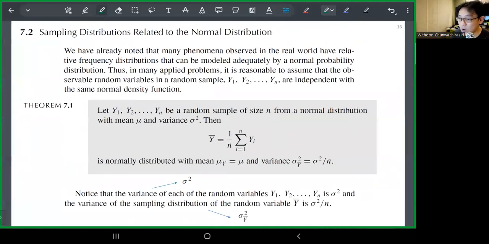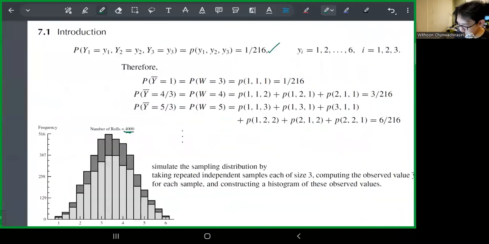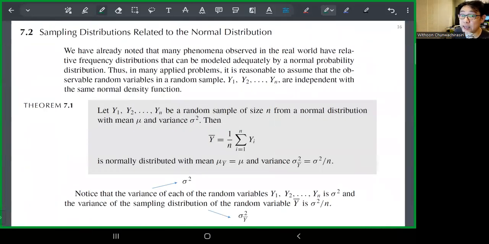All right, so let's conclude in terms of the theorem over here. What we can learn from here is if you want to apply this to a normal distribution, because this is the one we are most familiar with, look at Theorem 7.1 and see if you can relate it to the example we just looked at.